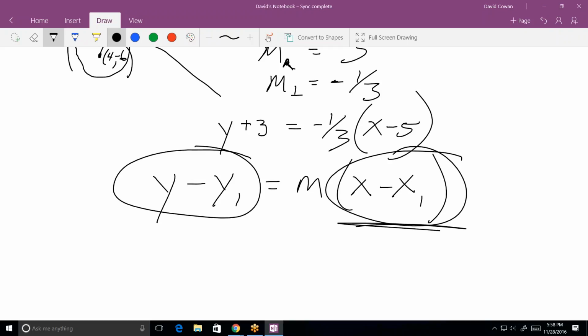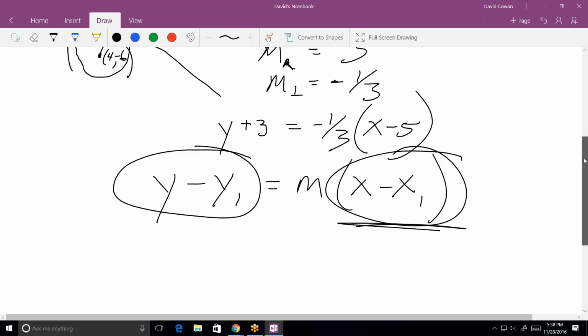So if you're ever wondering about any of these 5 terms in this equation, remember that when you solve for slope, it better be the difference in the y's divided by the difference in the x's.